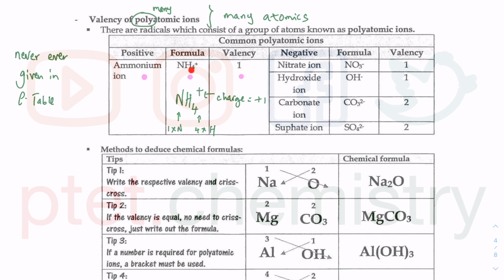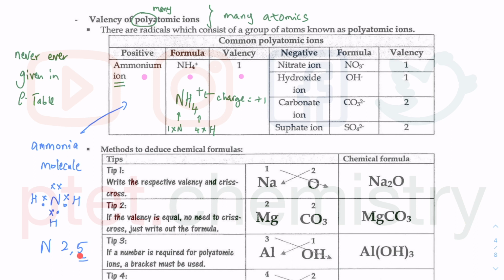So the valency of ammonium, which is an ion, do not confuse this with something else, which is called the ammonia molecule. The ammonia molecule comes from your covalent bonding topic, where the nitrogen will share 3 out of 5 of its outer shell electrons, so that your nitrogen still has 2 more electrons that it hasn't shared with the hydrogen, because your nitrogen is from the second period, first shell, second shell.